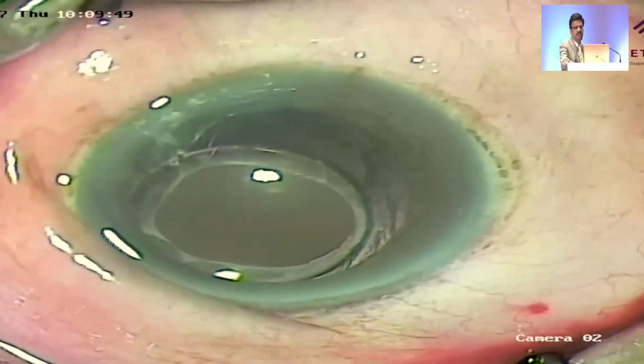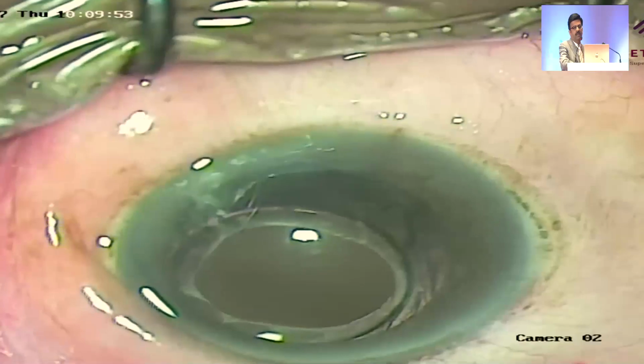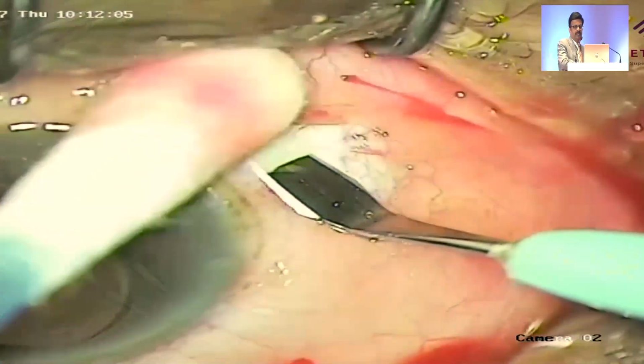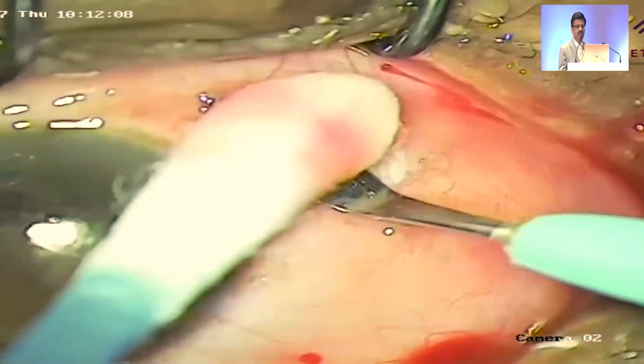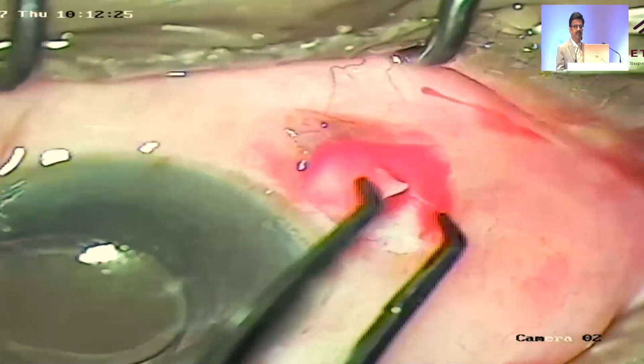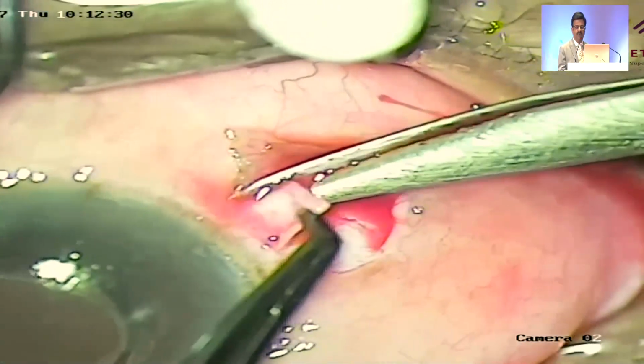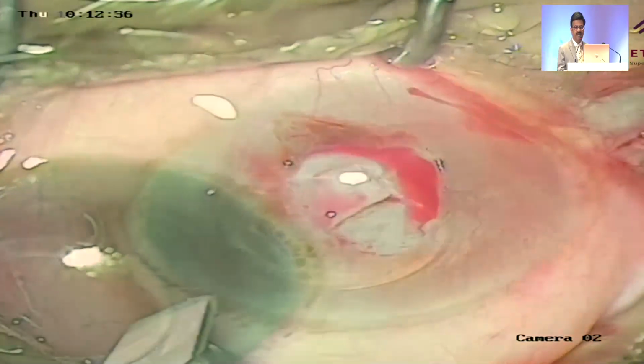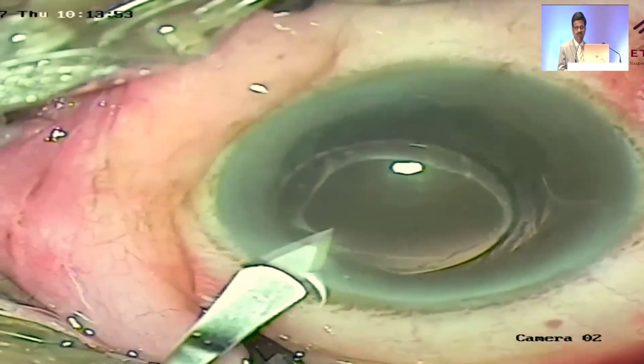Next is, what if the bag subluxates? As I had told earlier, it is a progressive disease, so over a period of time the bag may give way from the other side and the lens may again be decentered. But since the capsule is already fibrosed, a very simple method can be used for fixation of the bag, in which the haptic within the bag can be used as an anchor for suturing.